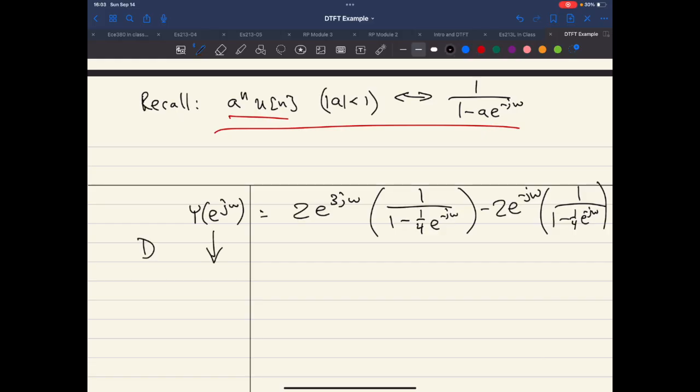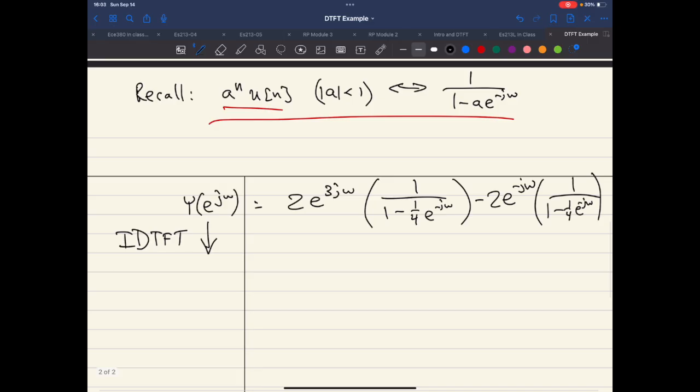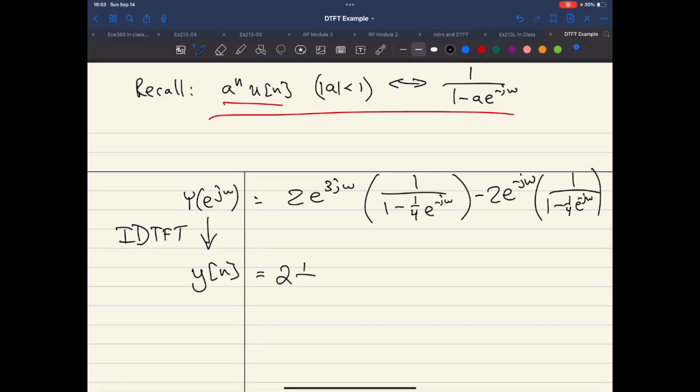We can just say, using the inverse DTFT in our handy-dandy table, and assuming that we have nice convergence, which we don't really have to assume because a here is equal to 1/4, so we're good on the convergence front. y[n] has got to be equal to 2 times (1/4)^n u[n], and then it's delayed, right? It's got this weird delay factor. In this case, our delay is pushing us into the future. We've got a convolution with n plus 3. That's how I like to write it anyway.